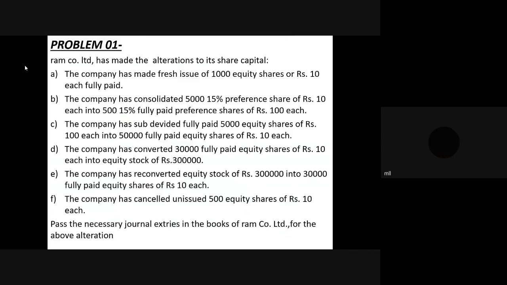Fifth, the company reconverted equity stock of rupees 3 lakh into 30,000 fully paid equity shares of rupees 10 each. Sixth, the company cancelled unissued 500 shares of rupees 10 each. Pass journal entries as per the given format in the books of Ram Limited.